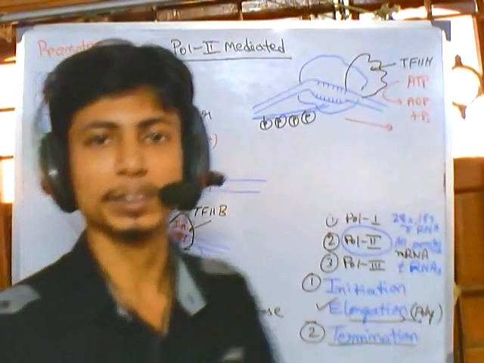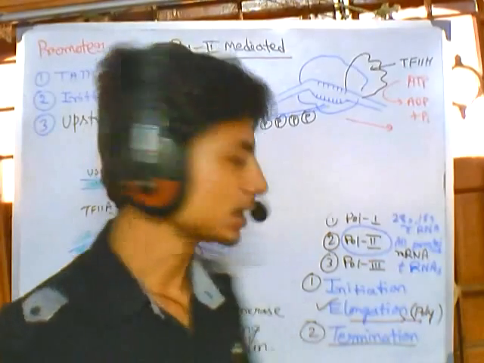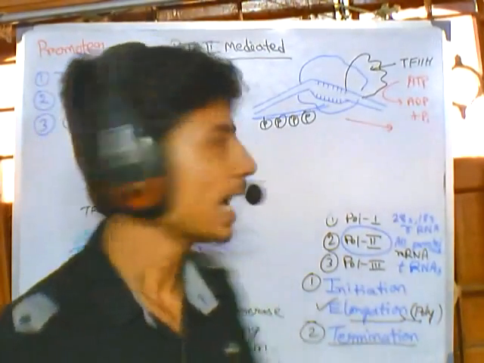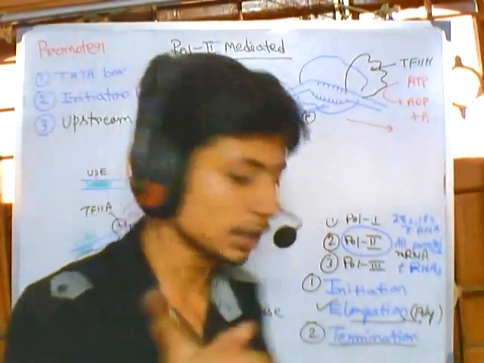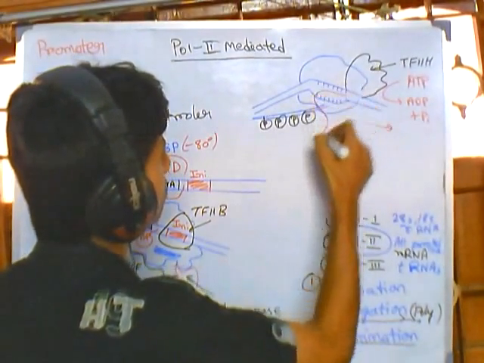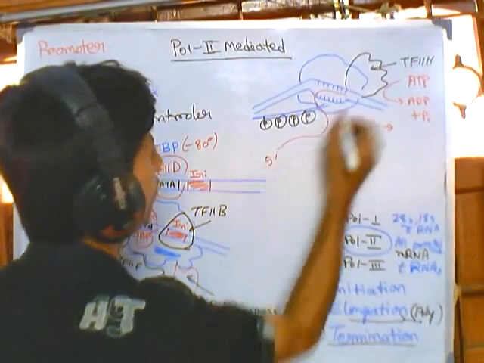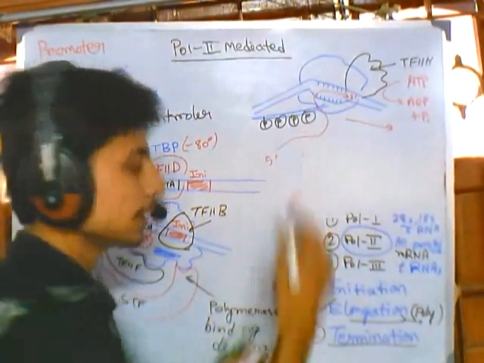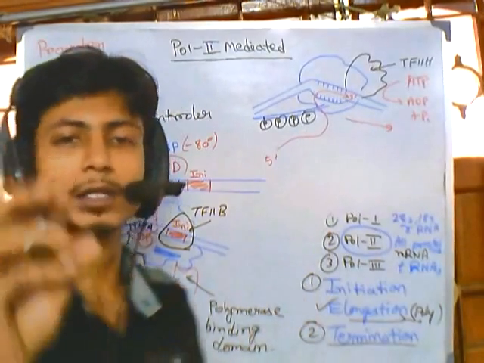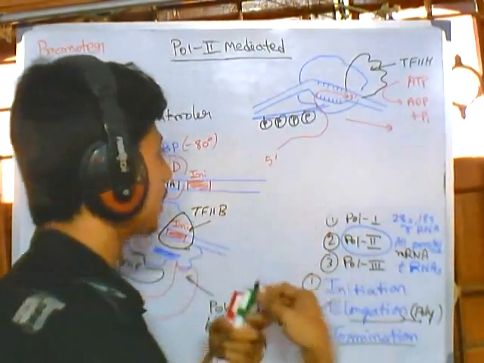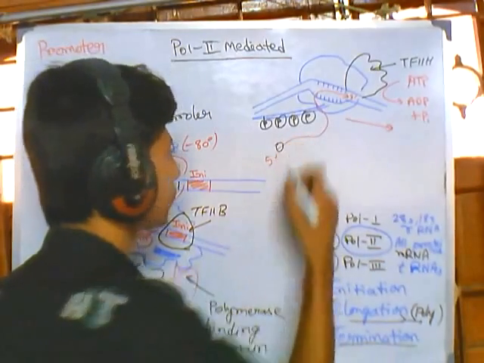Okay, now as it is producing the mRNA, at the end of the process we need to modify our mRNA with different types of modifications. For example, modifications like polyadenylation at the 3' end and 5' capping. We won't bother about 5' capping because suppose this is the mRNA that is being produced. This is the 5' and towards this direction is the 3'. As soon as a 20 to 30 stretch of nucleotides comes out, the 5' end is made, and it will start making the 5' capping at this point.